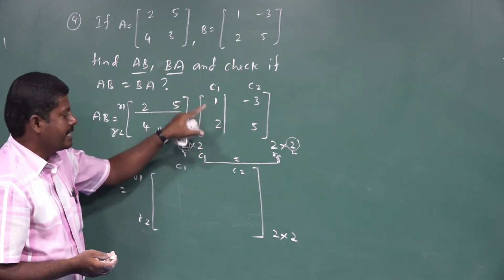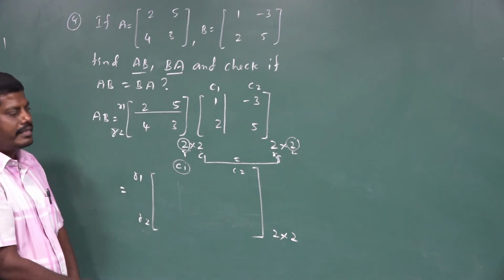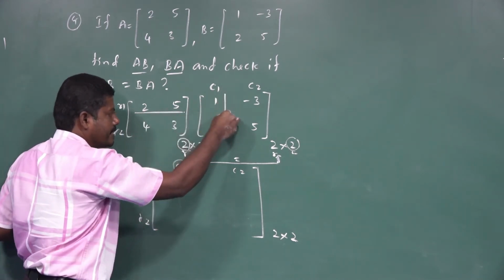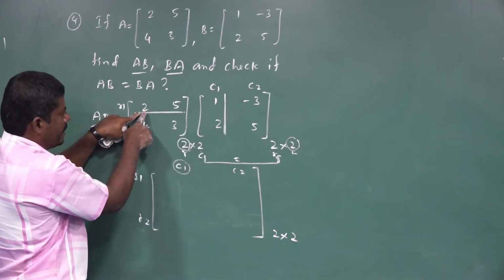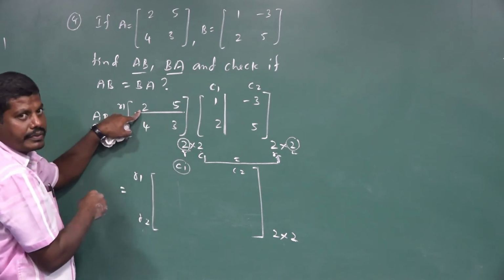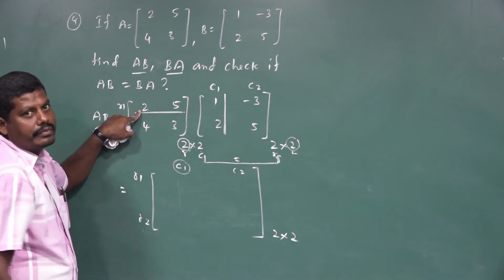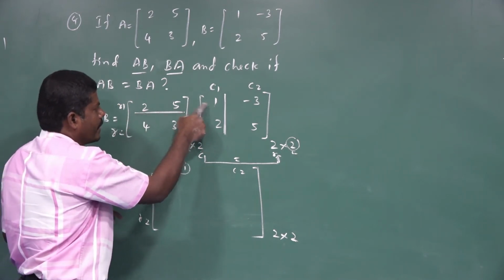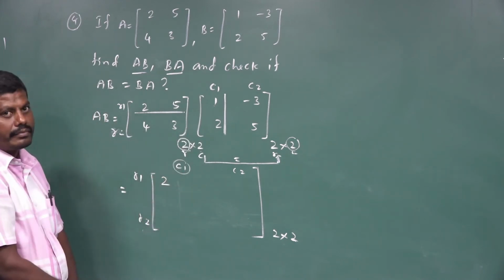The result we write in the first column. Take the first row and first column. You multiply the first value in this row with the first value in this column. First value 2, here first value 1. 2 multiplied by 1 is 2. That 2 you write here.